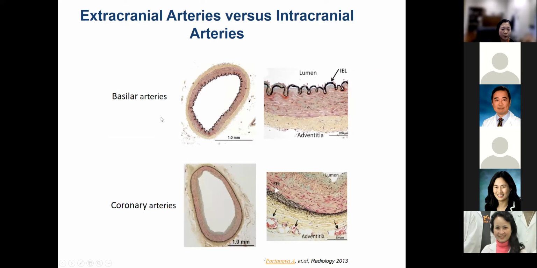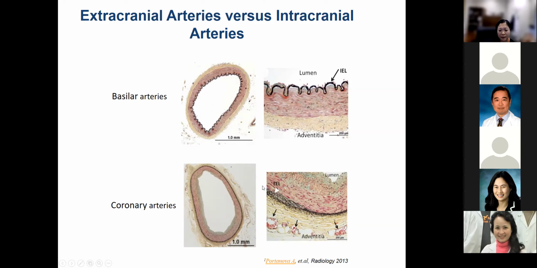Compared with extracranial arteries like the carotid or coronary arteries, the intracranial artery is quite different. Although they all include 3 layers, there are some differences, including the IEL, the internal elastic lamina. This is very thick in intracranial arteries like the basilar artery, but in coronary it is missing.